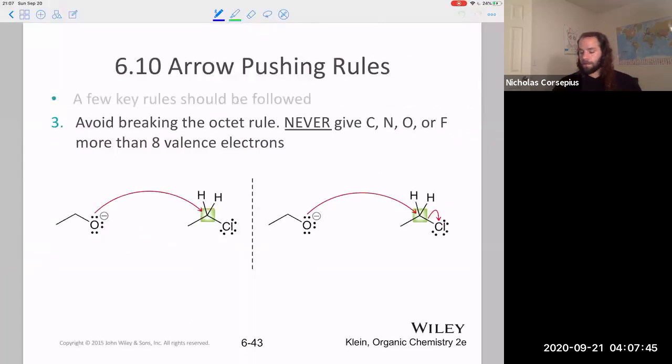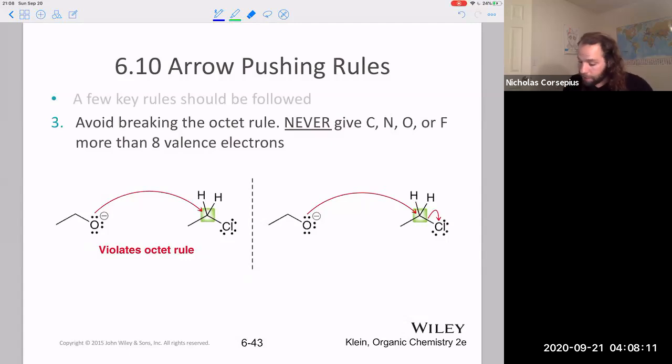The last important rule for electron pushing is you're never going to exceed the octet of any atom. So in this example here, one of these is correct and one of these is incorrect, right? Which one is incorrect? That's going to be this one here on the left because it violates carbon's octet rule.